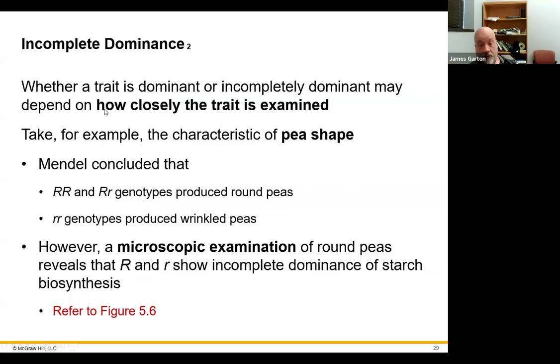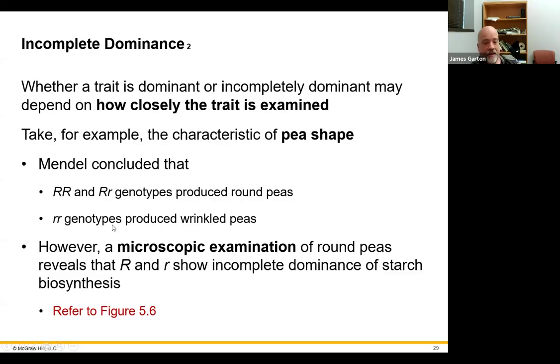And when Mendel, for example, looked at pea shape, round or wrinkled, just with his eyes, he decided peas could be round or they could be wrinkled. And he came to the conclusion that homozygous, or heterozygous, made round peas, and the homozygous recessive made wrinkled peas. And therefore, capital R was dominant over little r.